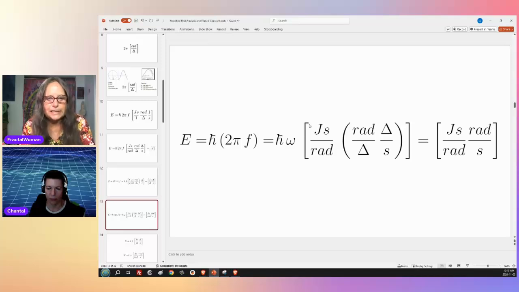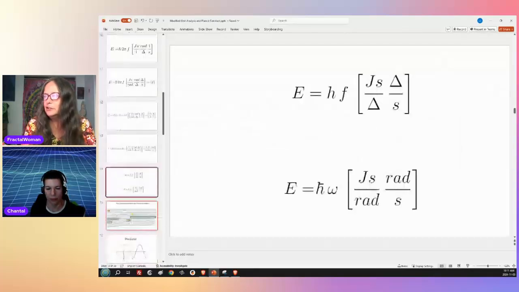So now you can see that the cycles cancel. So now the omega term has units radians per second, which is exactly what omega is. That's how you get to the 2 ways of writing the equation.